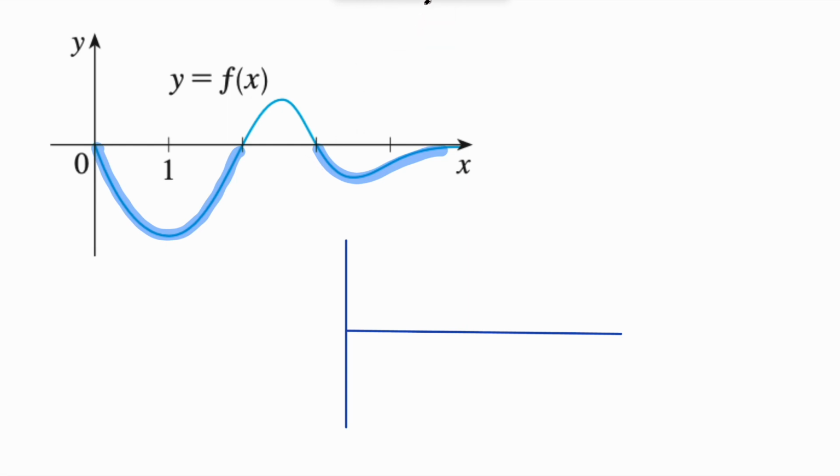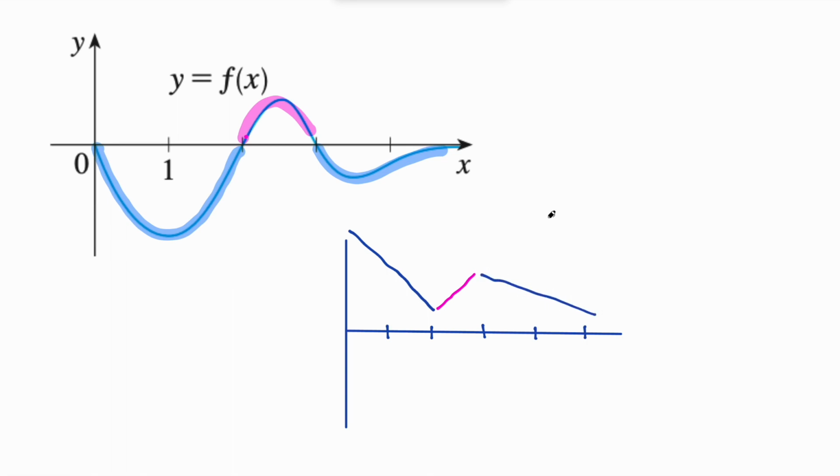So I know that the original function is decreasing to about there. Well, let's say if that's 1, 2, 3, 4, 5. So until about 2, it's decreasing. And then anywhere it's above the x-axis, that means the original function is increasing. So from 2 to 3, it's increasing. And then from 3 to 4 to 5, it is decreasing again.